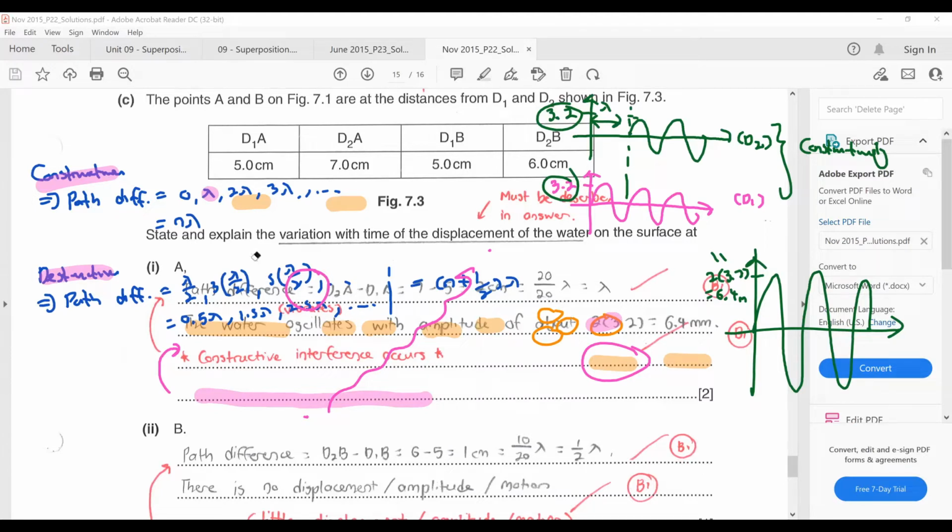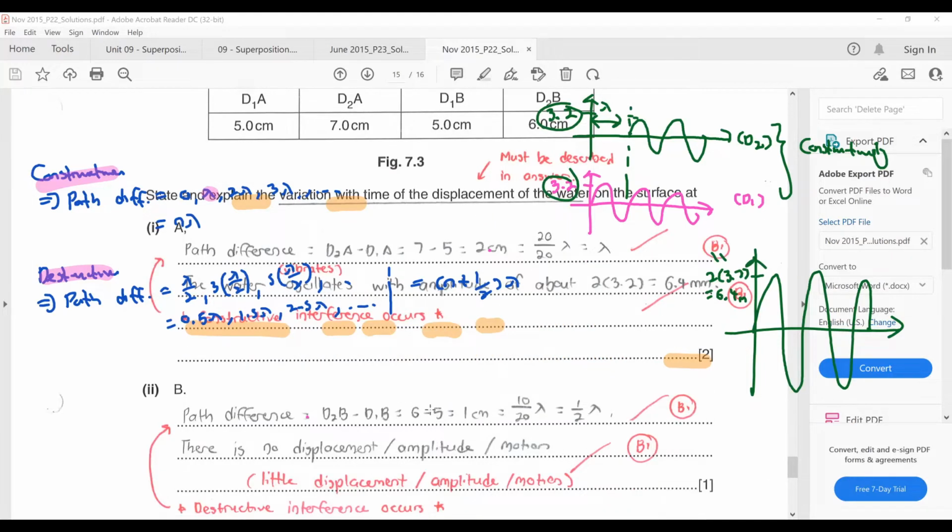Part B is something similar also. You find out the path difference, something similar like this. The path difference is the difference in the distance traveled by the waves from the dippers to the point B here.